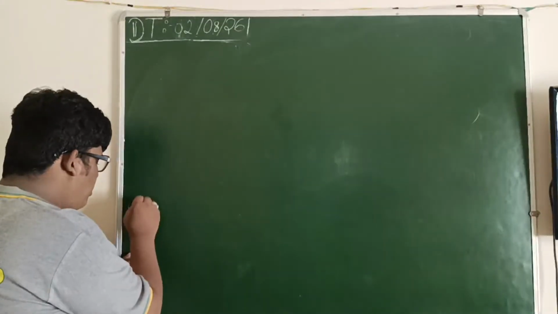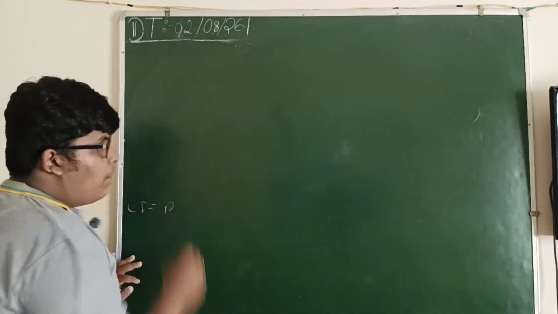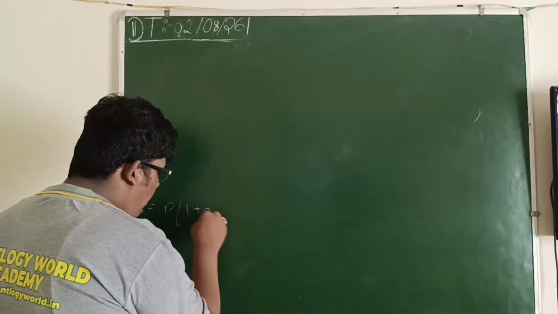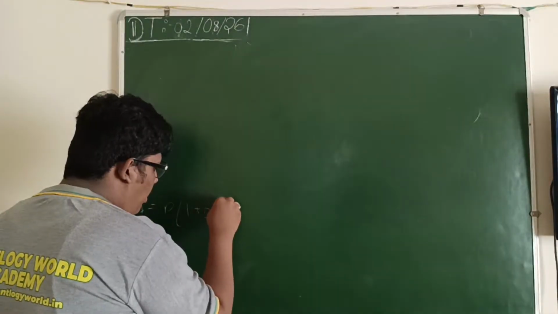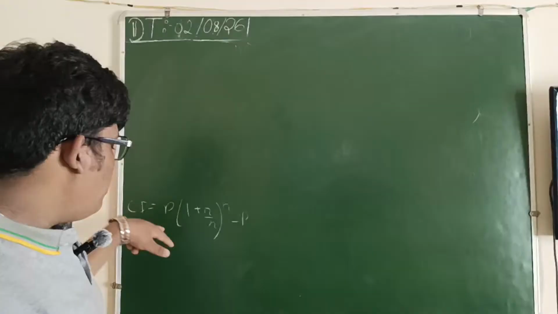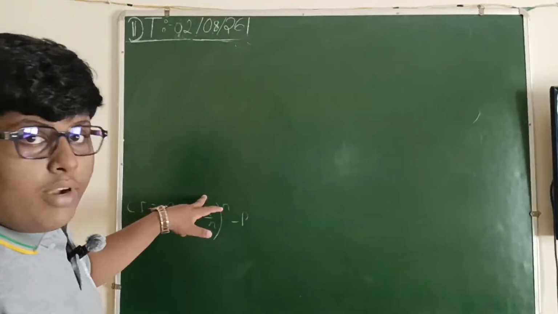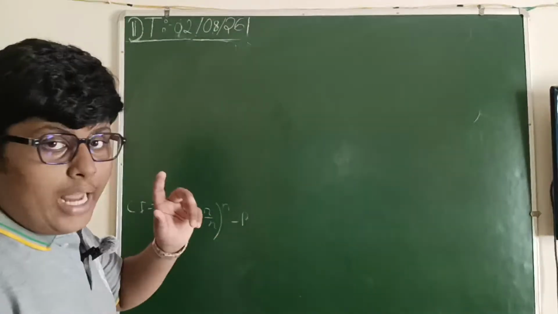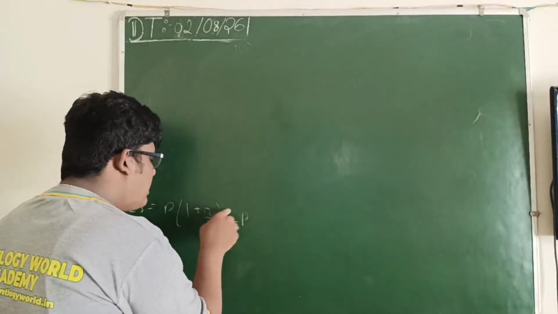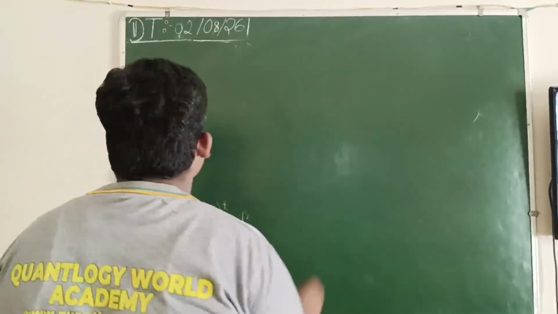Formula for compound interest is CI equal to P whole into 1 plus R by N whole to the power N minus P. Here P is principal value, R is rate of interest and N is time period. So we'll not write N, we'll write T, the variable we are assigning to time period.